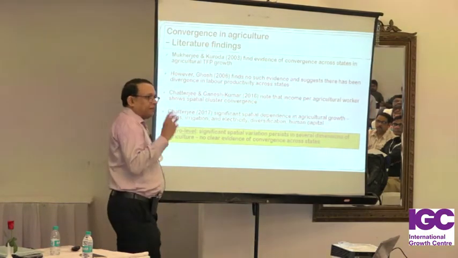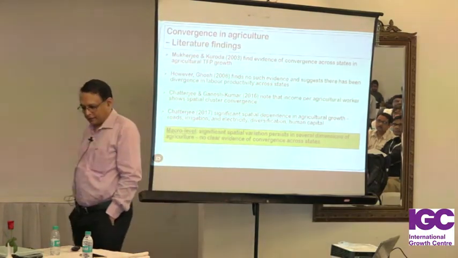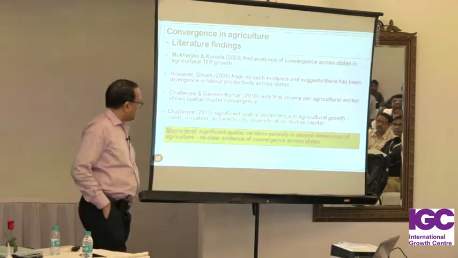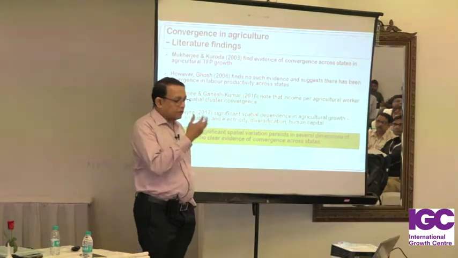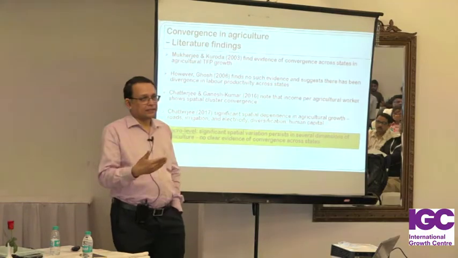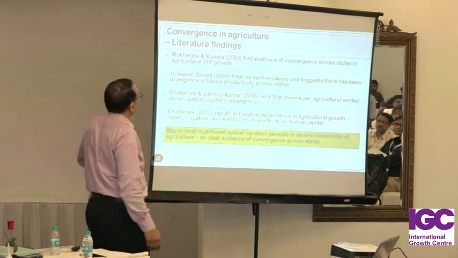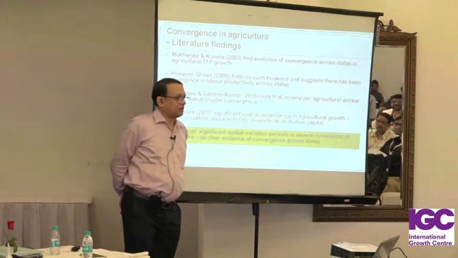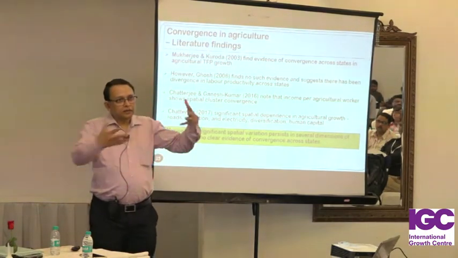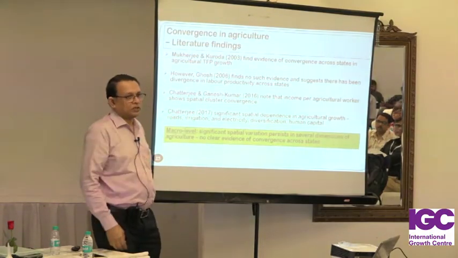Now, at the macro level, one aspect that has attracted attention, the one way that people have assessed this spatial variation in the performance, is the question of convergence in agriculture. Are the states converging in some sense to each other?